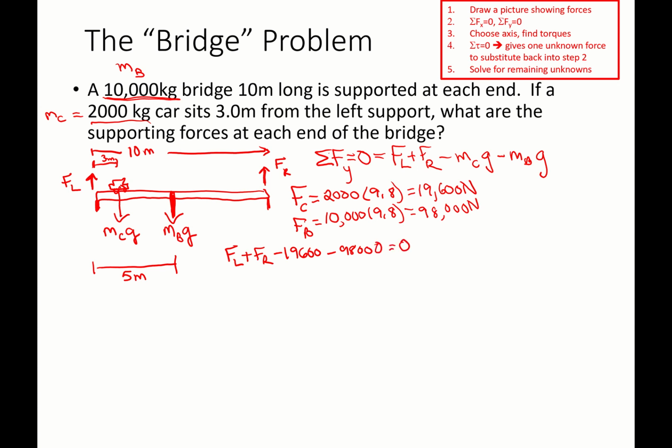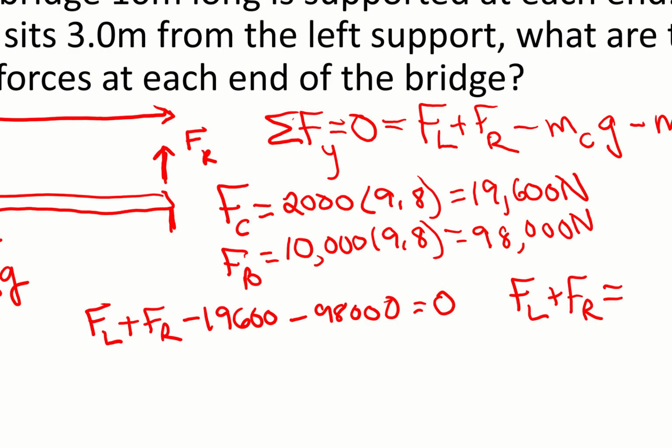And right now we can't solve for that at all because we have two unknowns in there. So all we can do is bring all the numbers over onto the right side. So the force on the left plus the force on the right is equal to 19,600 plus 98,000, which is 117,600. Oops.